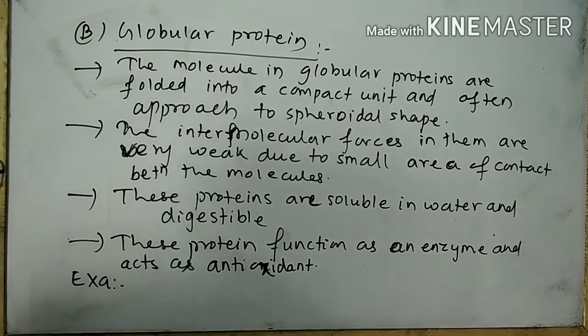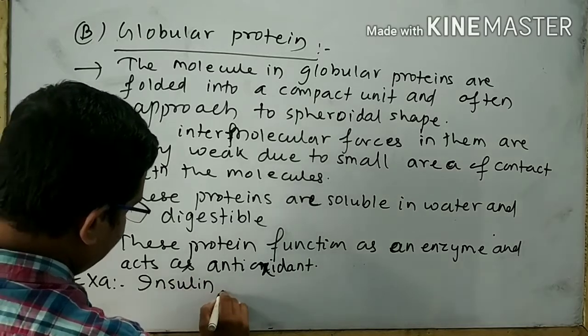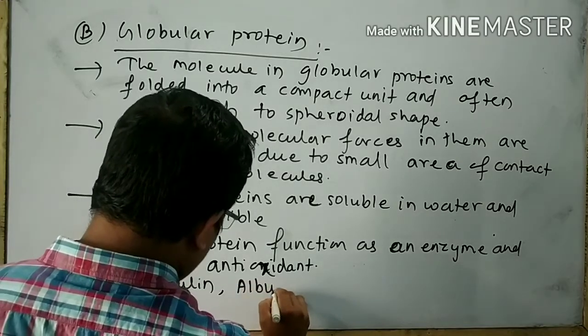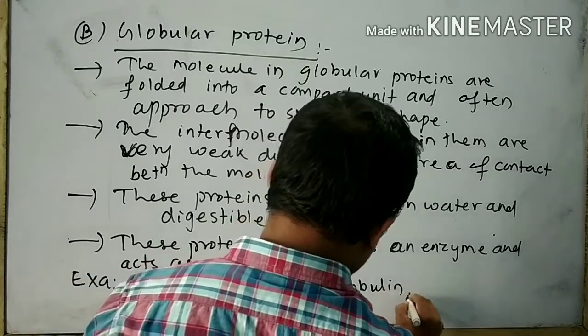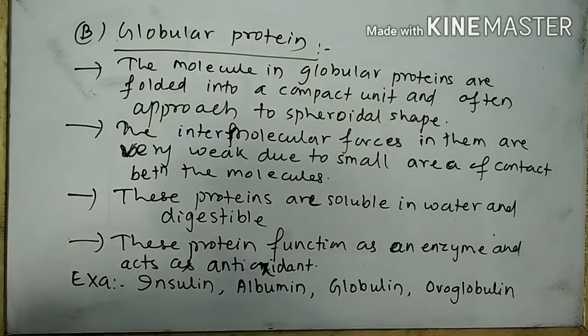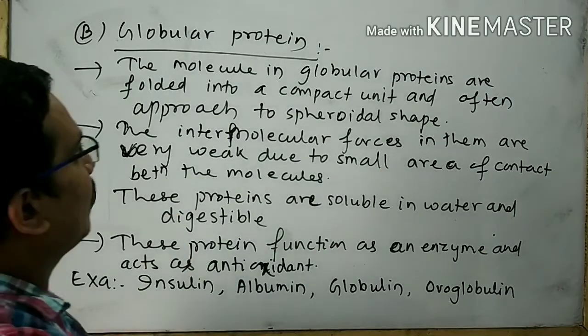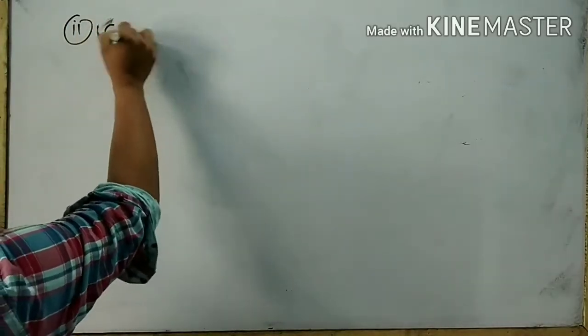Examples of globular protein are insulin, albumin, globulin. These are the examples of globular protein. Now I will discuss about the conjugative protein.